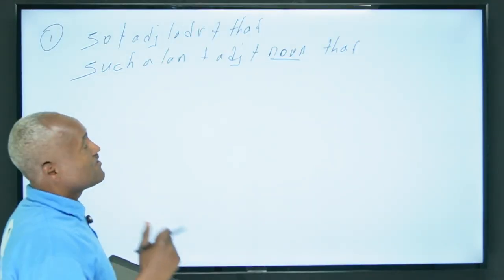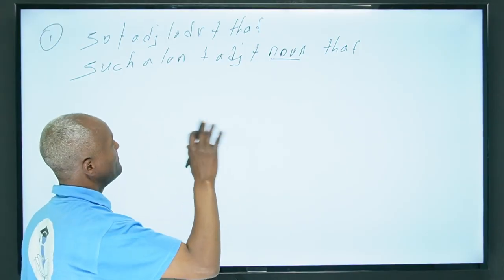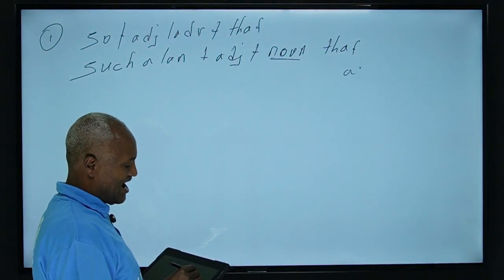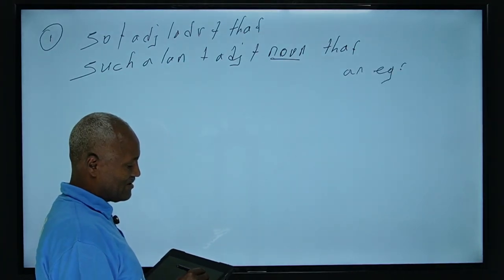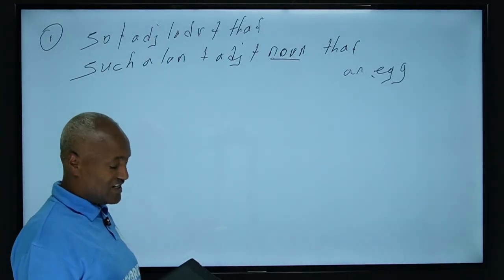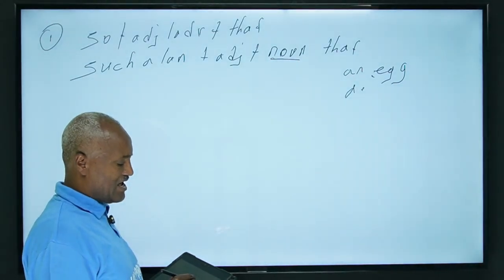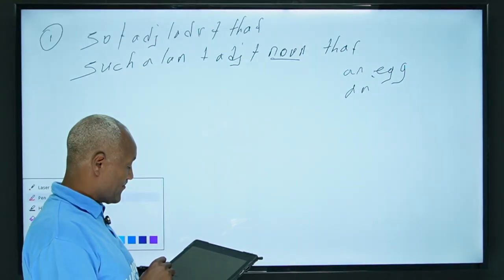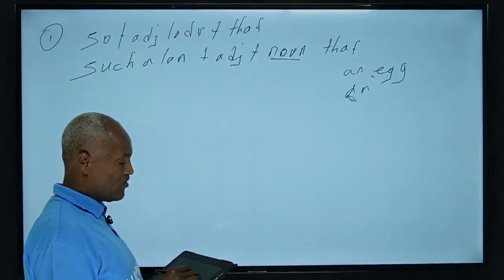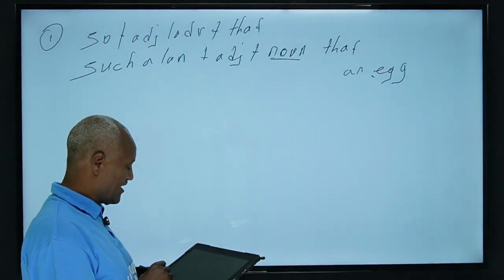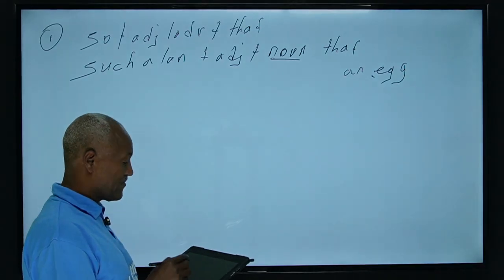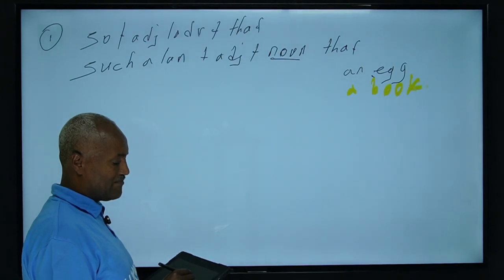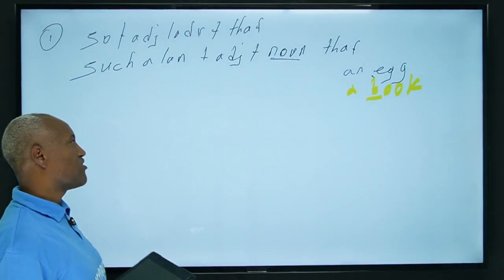If you are interested, I will make it clear for you. For instance, we say an egg. When the letter is a vowel, we say an. We say a book. When you say a book, B has a consonant sound.